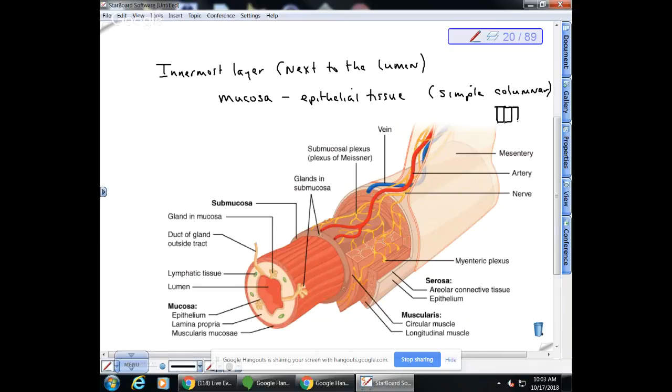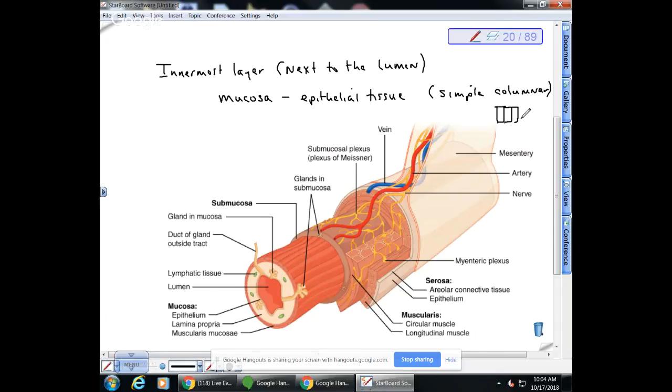Right, so we have these column-shaped cells. And the reason for this is that we need to have lots of secretion. So we're going to look at the glands that are in the mucosa. And in the case of the intestines, we have to have absorption, so things have to be able to pass through that mucosa.